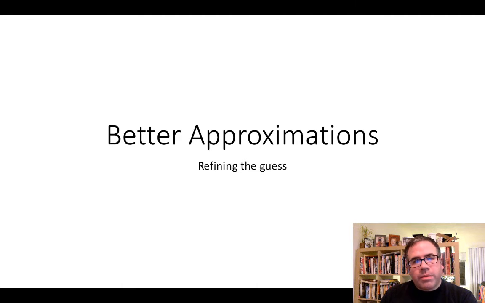In the last video, we used a method called sampling to approximate some quality about an object or situation using something we can measure.